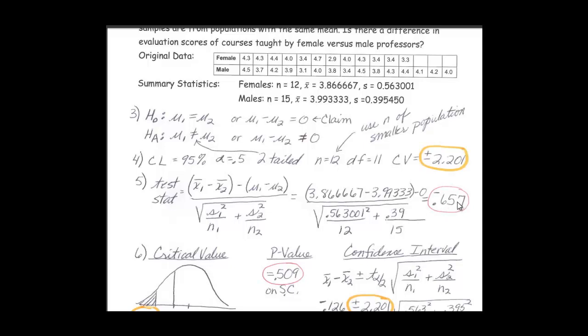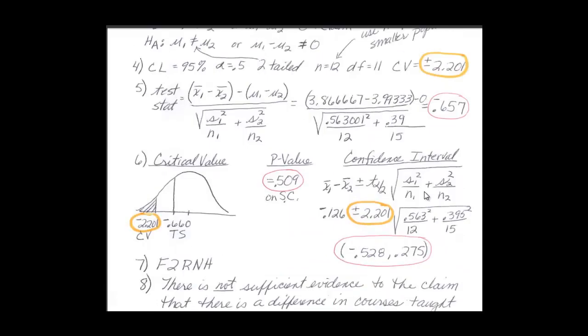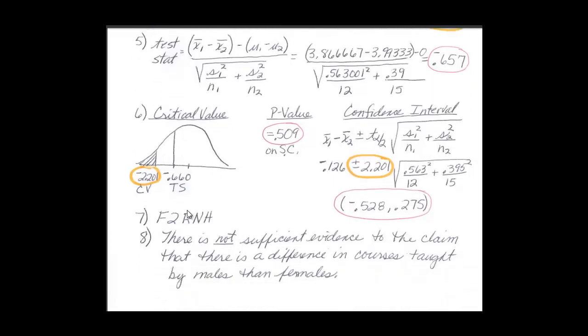So that's on the lower half of our curve, but not nearly as low as our critical value. So we know, just looking at those scores, comparing those t-scores there, that we're probably not going to be rejecting anything. When I draw the picture here, I actually should have drawn in the upper limit here, the critical value of positive 2.201. I was just more concerned about everything going on in the lower end of our curve.